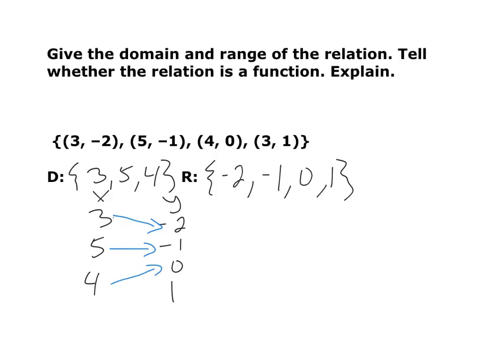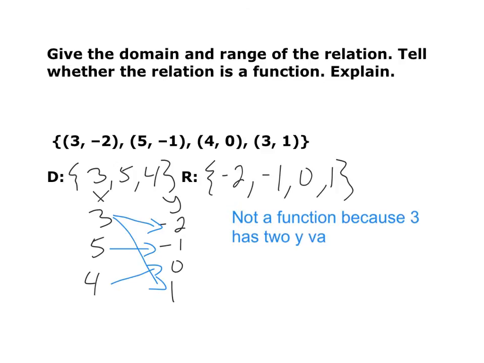And then lastly, 3, 1. So now this time when we look, because we see those two arrows coming out of 3, this is not a function because 3 has 2 y values assigned to it.